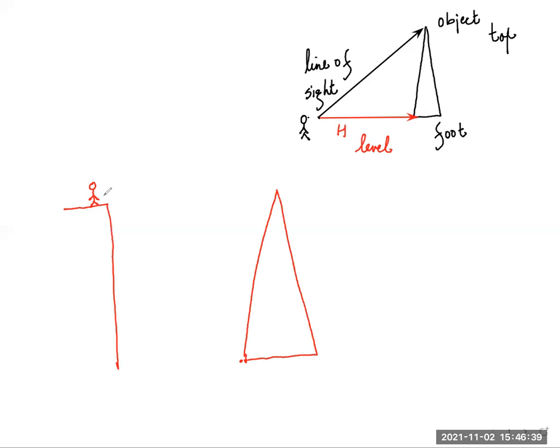He's observing from here. So I will say now, the line of sight, as I've explained, is the line connecting the eye of the observer and the object. In this case, the object is the foot of the tower.